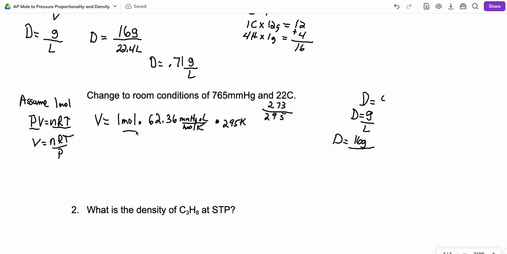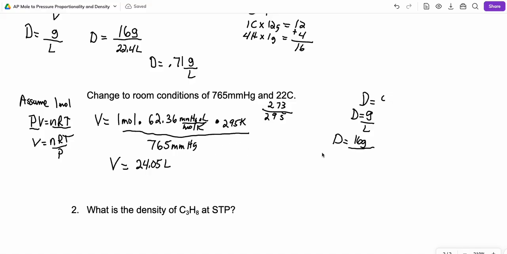Then we're going to divide that by the pressure that they give us in the room, 765 millimeters mercury. And so when I do that, my new volume is 24.05 liters is what I get.